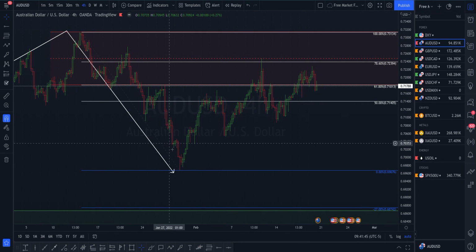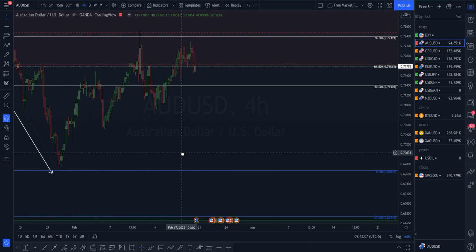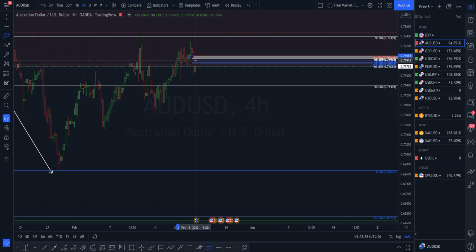So we came down and we did push back up into the 78.6% retracement area, which brought us back into this institutional supply zone. So now let's see if we can find reason for this pair to go down.